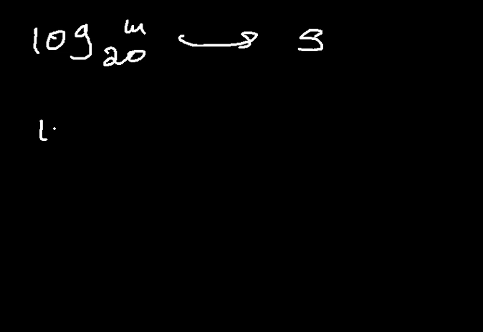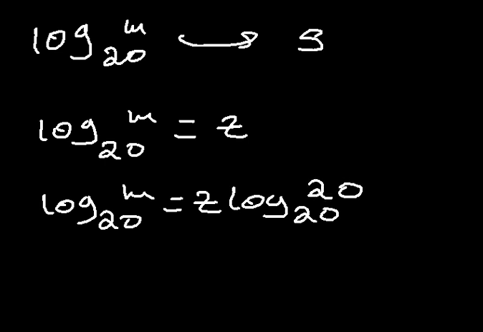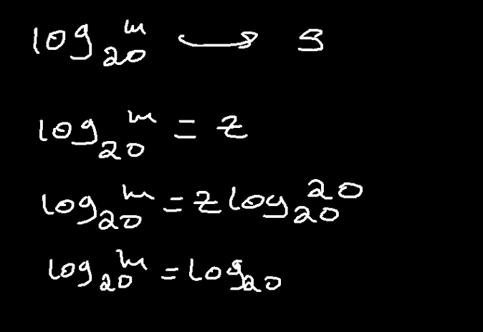Let log 20 of m be equal to z, which is the same as z times log 20 of 20, and so log 20 of m equals log 20 of 20 to the power z. Unlogging both sides, we have m equals 20 to the power z.